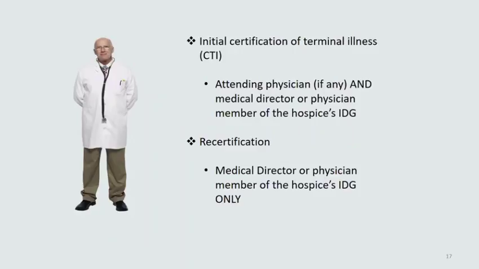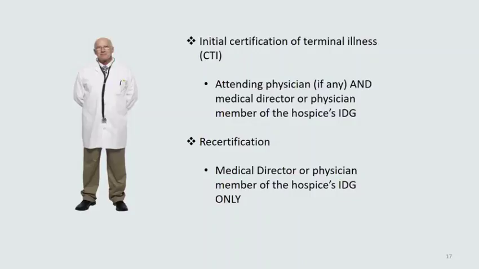Now, I said earlier that each hospice beneficiary only has one initial certification of terminal illness. That initial certification of terminal illness may have occurred 3 years ago, or it may be occurring now when the patient is being admitted to your program. And that's why it's important to check the benefit period.